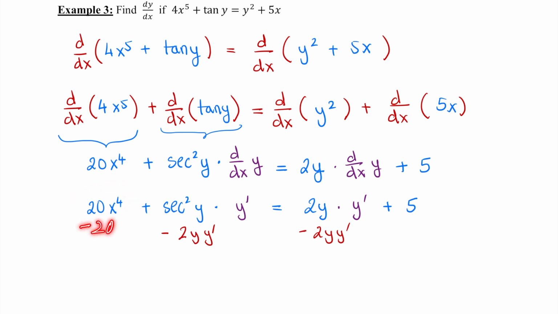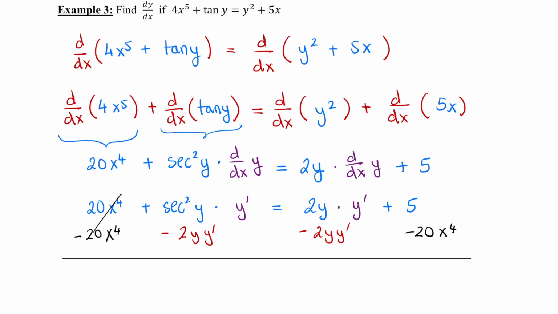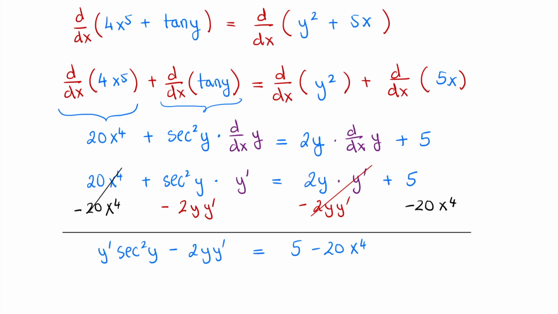So we are going to subtract 20x to the fourth from both sides. So I have y prime times secant squared y minus 2y prime equals 5 minus 20x to the fourth.